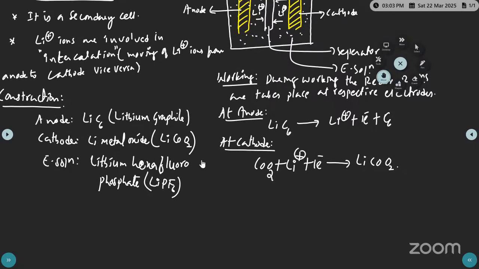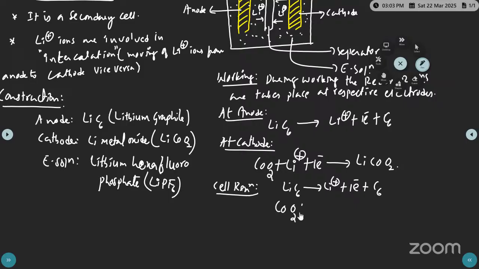Now we have to write the net reaction or cell reaction. Anode: LiC6 gives Li plus 1 electron plus C6. Cathode: cobalt oxide plus lithium plus 1 electron gives lithium cobalt oxide.